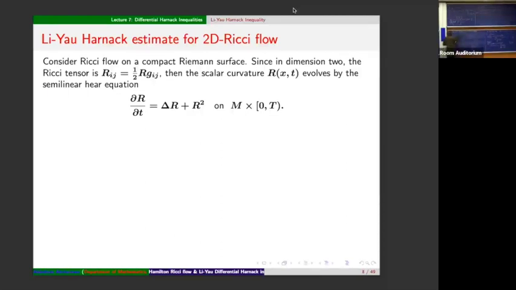manifold, we know that the Ricci curvature is just 1/2 R multiplied by g, scalar curvature multiplied by the metric. This is how Ricci curvature is expressed, where R is the scalar curvature. And we also know that under Ricci flow, this scalar curvature R evolves this way. Remember?